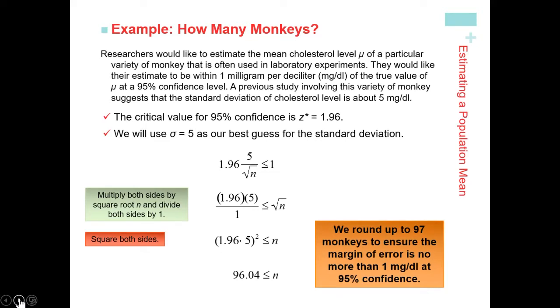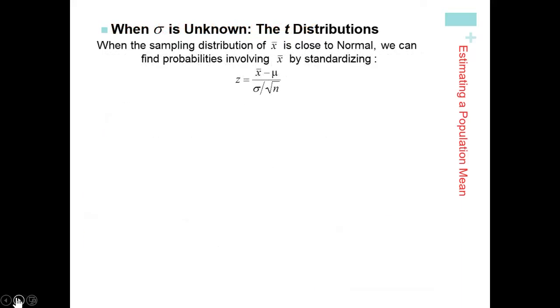Since we want the margin of error to be less than 1, we want a larger sample size to get a smaller margin of error, right? Because n's on the bottom. So 97 is the sample size we would need.